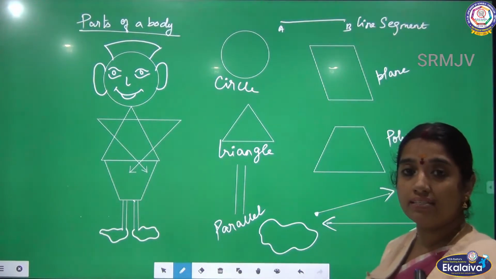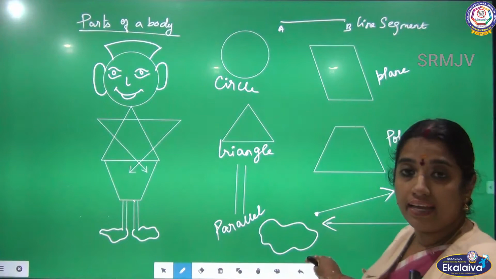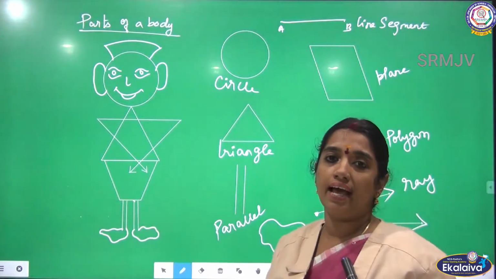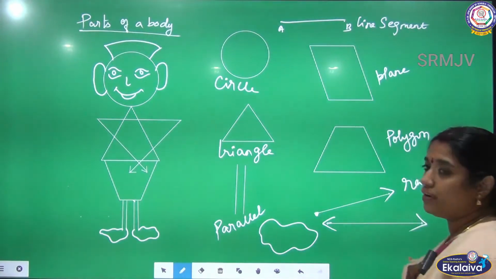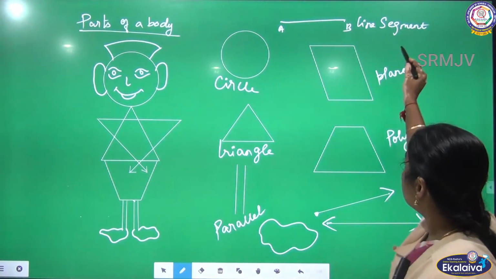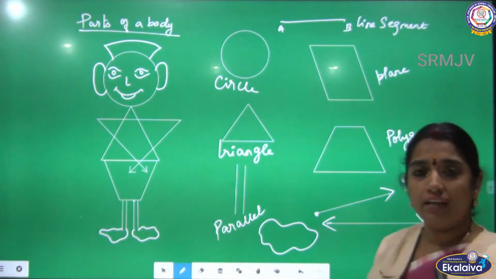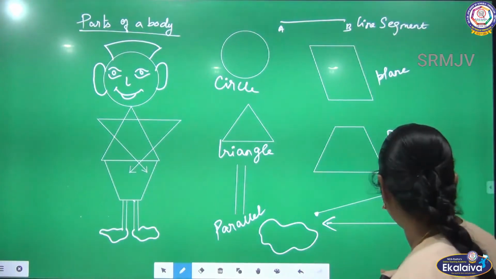Line segment has definite points, but a line I can extend in both directions. From the starting point also I can extend, and the end point also I can extend. That is a line. Actually, a line segment is a part of a line. Can you clear this, children? Okay, this is our parts of a body.